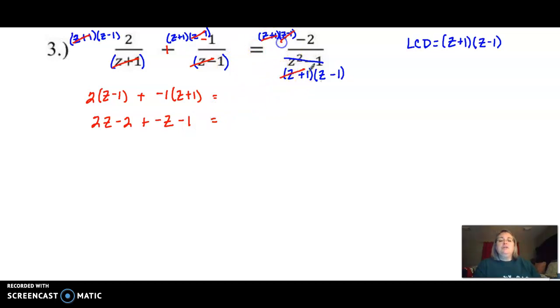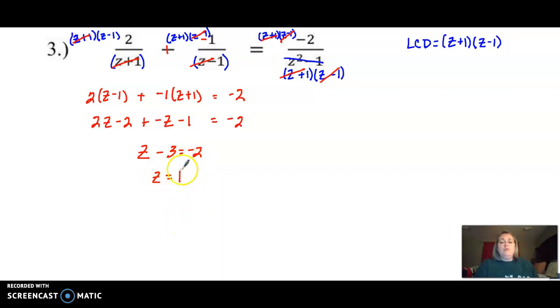And my z plus 1's and my z minus 1's cancel, leaving me with a negative 2. When I collect my like terms, 2z minus z gives me just 1z. Negative 2 and negative 1 gives me a negative 3. When I move my negative 3 over, I get z is equal to 1.